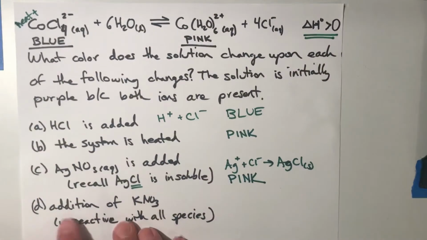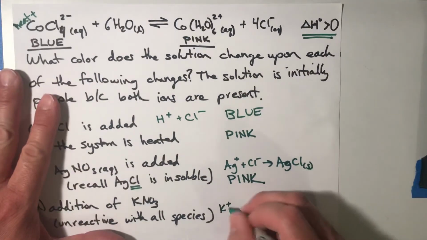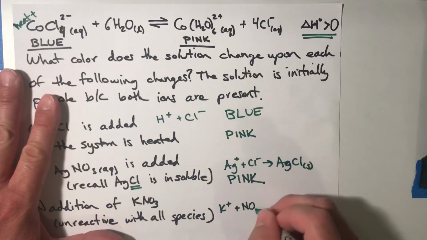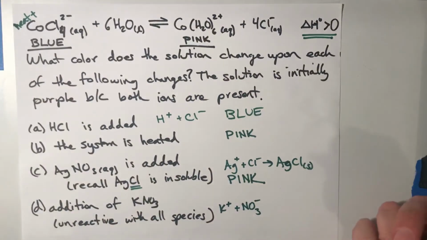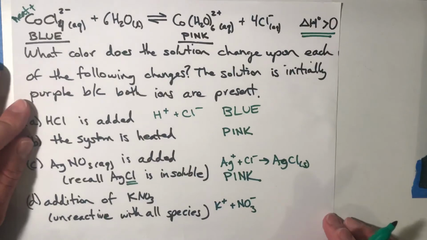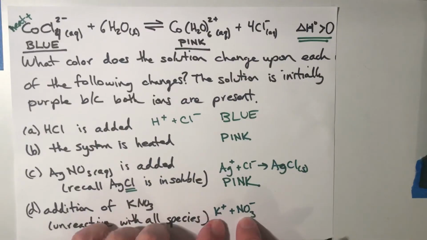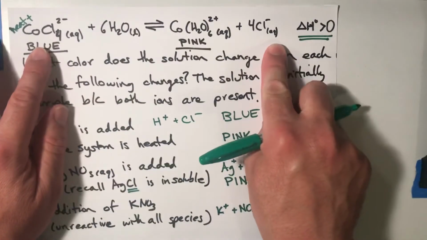All right. What if we added potassium nitrate? We're given a hint here that this is unreactive with all species, which isn't surprising because we know that K plus and nitrate are always going to be spectators under every condition we've seen in general chemistry. Because this doesn't react with anything and doesn't change the temperature, it has no effect on the position of equilibrium.